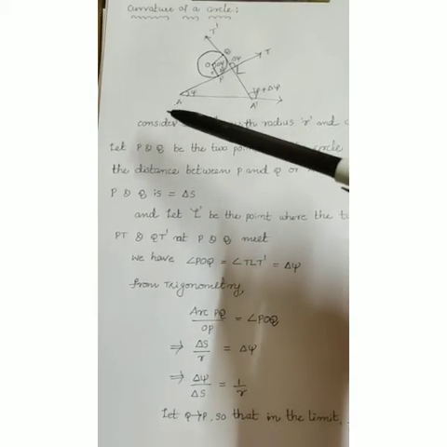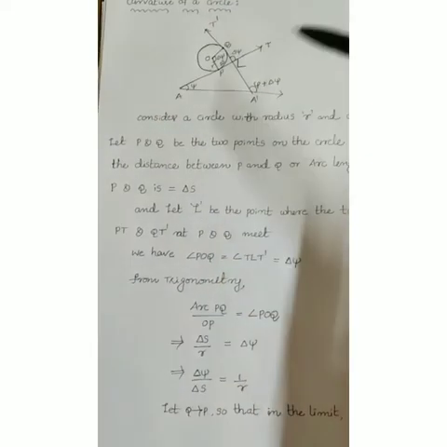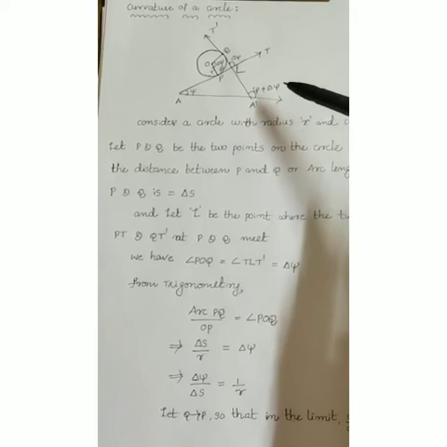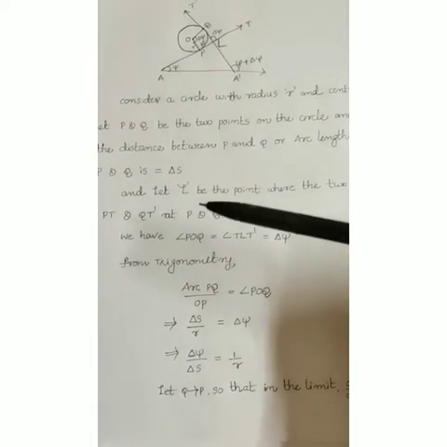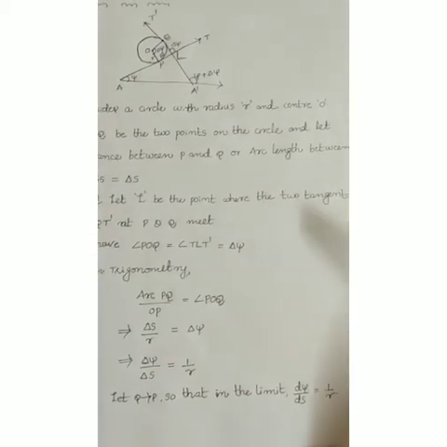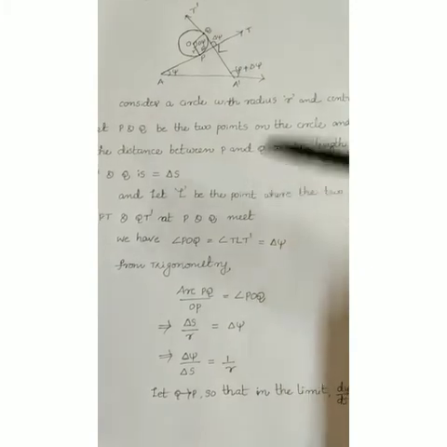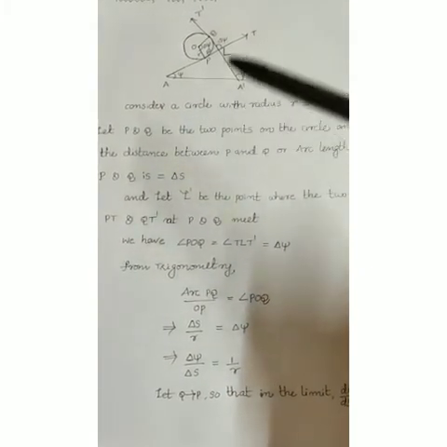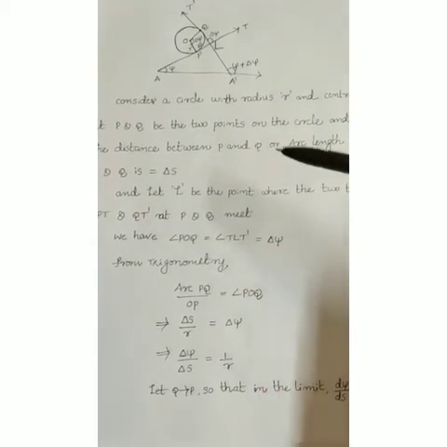Let A be a fixed point. So this is the angle psi, and this is psi plus delta psi. Let L be the point where the 2 tangents PT and QT dash at the points P and Q meet.